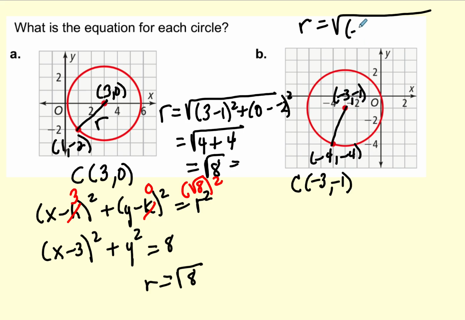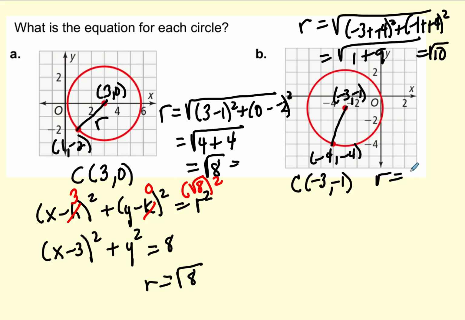So I'll write -3 take away a -4 squared plus -1 take away a -4 squared. And the two negatives make a positive, so that'll be 1 squared, which is 1, and then this will be a 3. 3 squared is 9. So this will be root 10. So our radius is root 10.